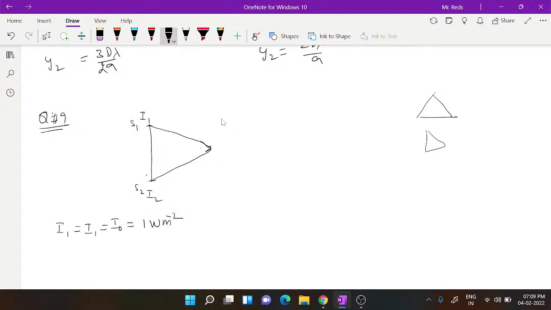When they are coming here, at this point they are equal to this much. At the third vertex, what is the resultant intensity due to both the sources at this point?